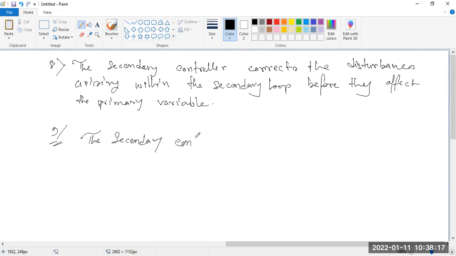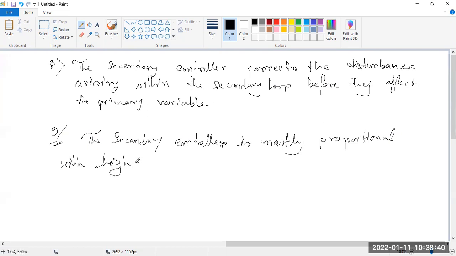Secondary controller is mostly with a high gain value.